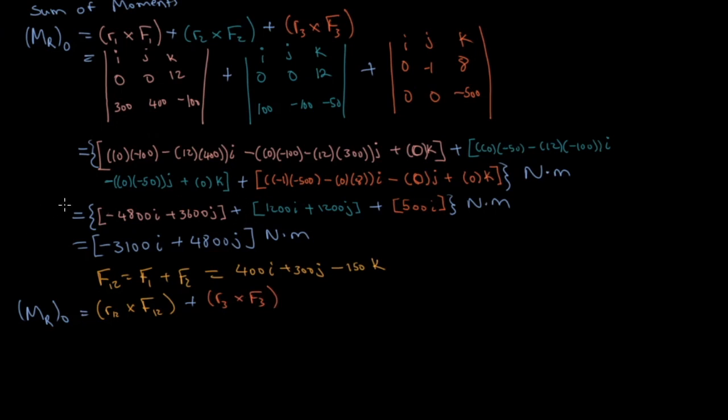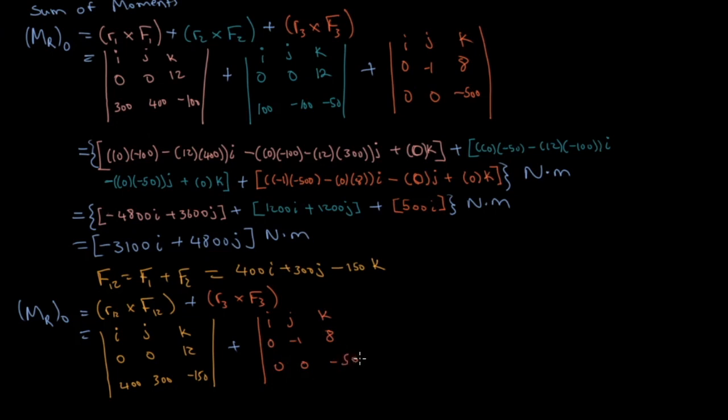So when we put our cross product table in, we would get i, j, k, and we'll have 0, 0, 12, and then 400, okay, that's this here, and then 300, and then negative 150, plus our i, j, and k, 0, negative 1, 8, and we'll have 0, 0, negative 500. And we'll scroll down and create a little bit more space here.